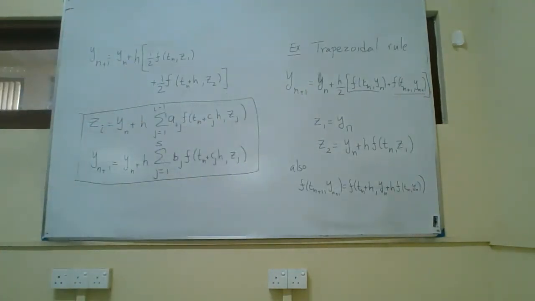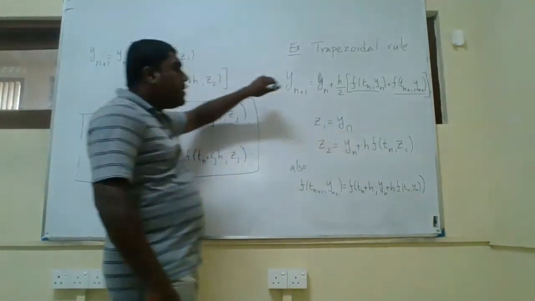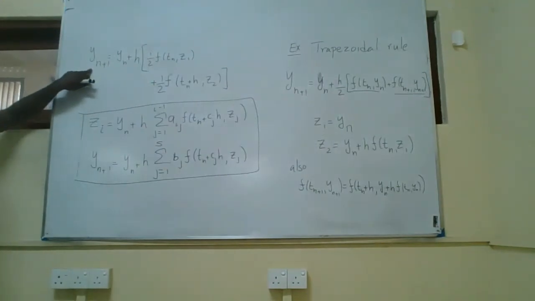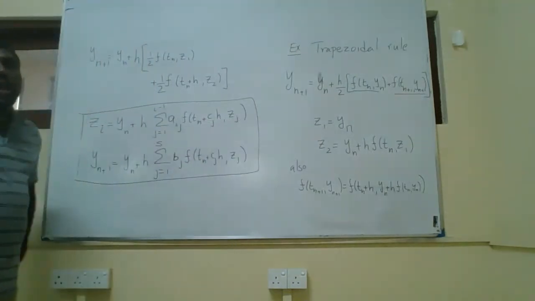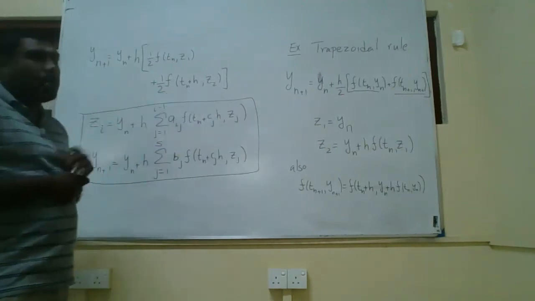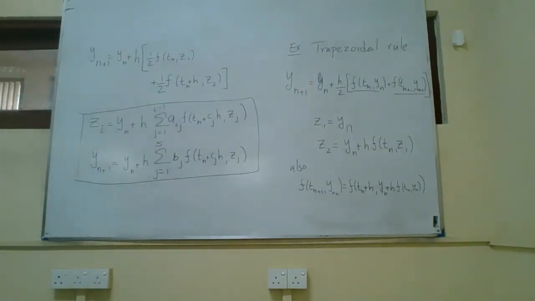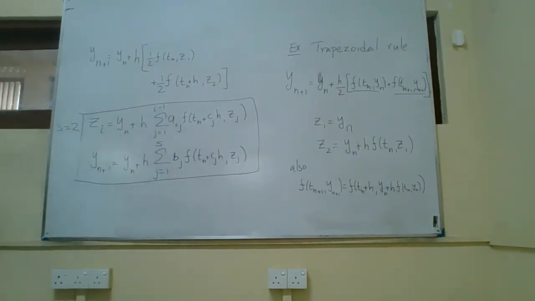Right, so this is how we defined the general Runge-Kutta method. But we transformed the trapezoidal rule into this form by using the manipulations we did here, very similar to what we have in the Runge-Kutta method development, and we are able to form this. From this, now you know there are only 2, so i is running from 1 to 2, so basically s is 2. When i is equal to 1, this one is z1, so that's obvious for you now.